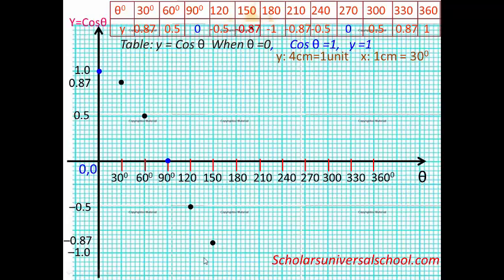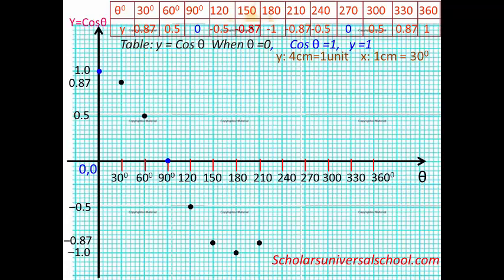Cos 150 degrees gives us minus 0.87. And cos 180 degrees, what will it give? So let us see. It gives us minus 1. And for 210, it gives us minus 0.87 again here.